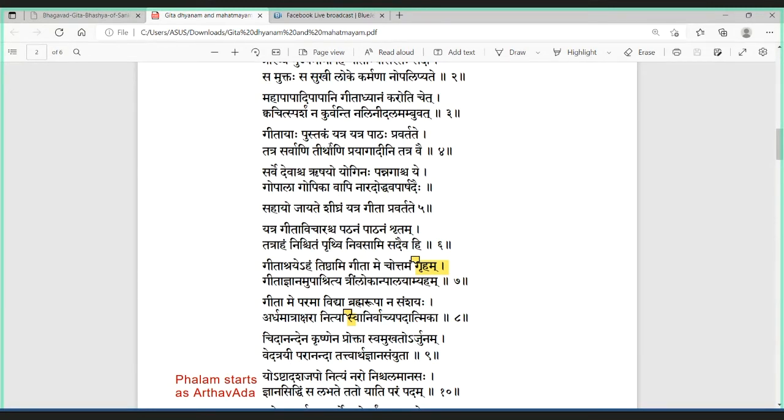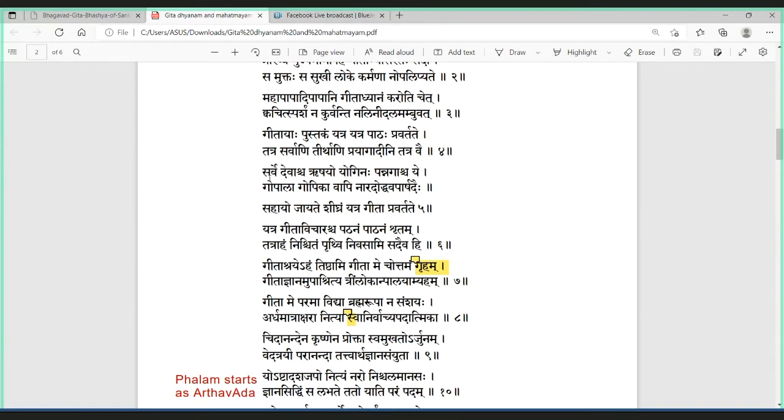Prayagadini tatra vai. Like Prayag, etc. Where are all the tirath sthans? Not in Banaras, not in every place, but wherever there is the Gita book or the Parayanam, all the tirthas are there.